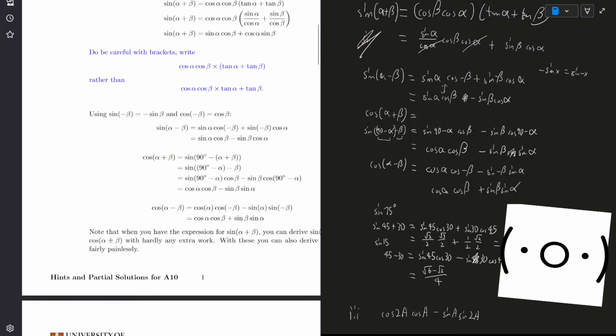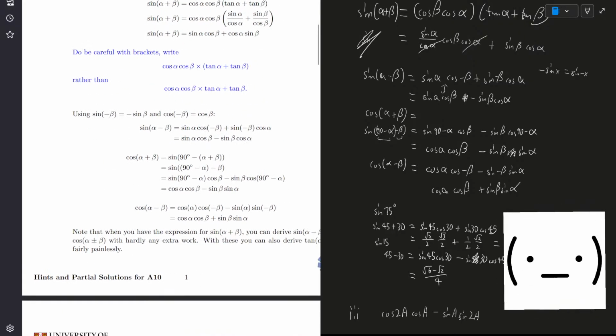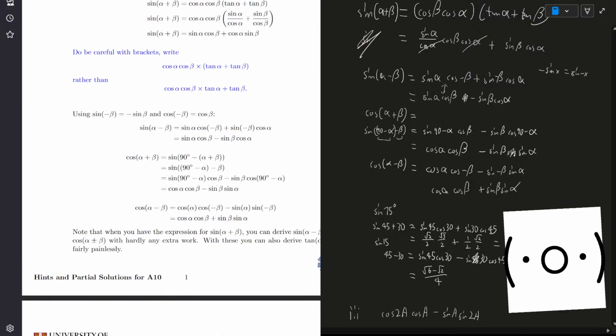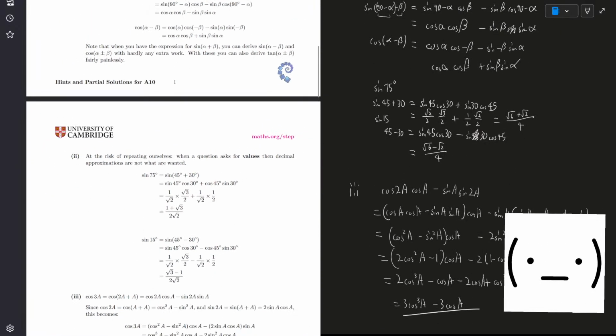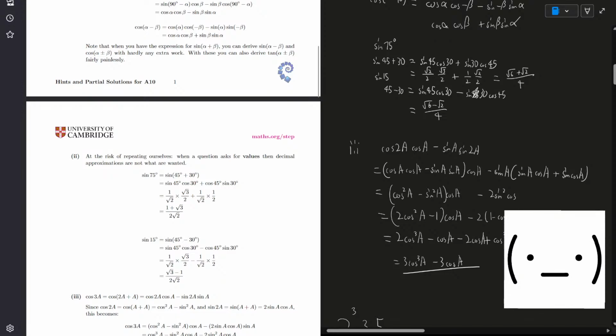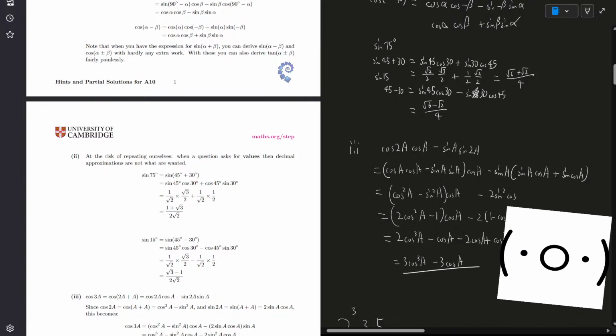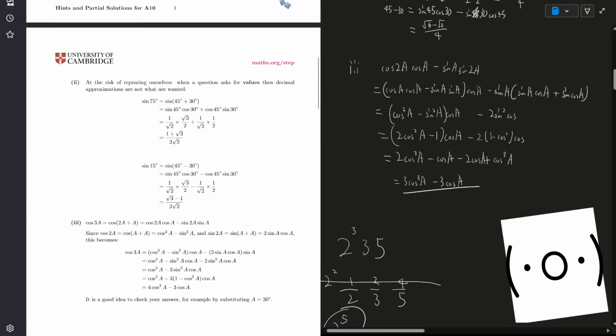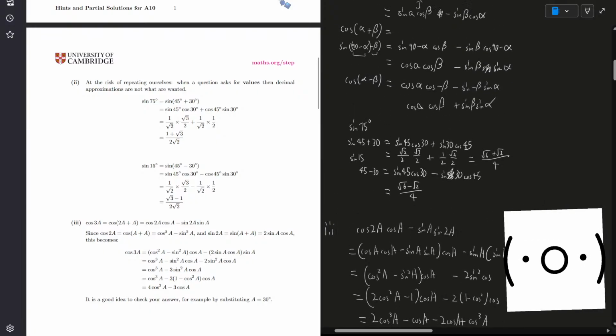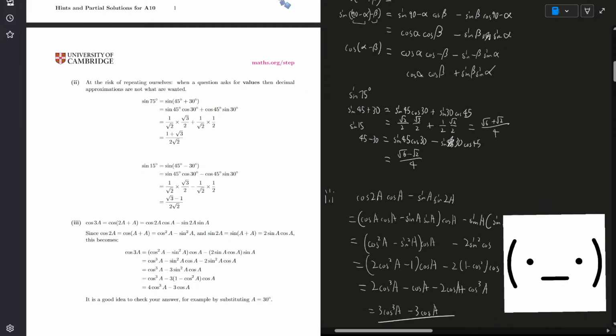Do be careful with brackets. Very nice of you to remind us. And I know for a damn fact that I got the addition formulas right. And you can also derive tan very plainly. But I forgot how to do that, so let's move on. Now I kind of remember, but it would take like 10 minutes extra to rip it out of my brain. So we're going to ignore it.